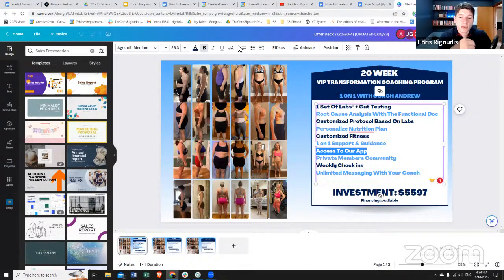And pillar number 3 will be around community, and it can be unlimited messaging with their coach, because people are tribal creatures. They like being part of communities. They want to be part of tribes. They hate feeling alone. That's why we'll shape your third pillar around a community of women all losing weight, getting in the best shapes of their lives together.